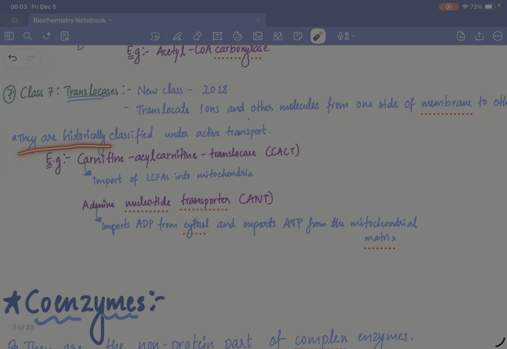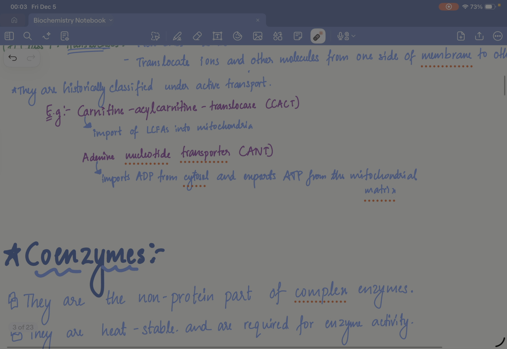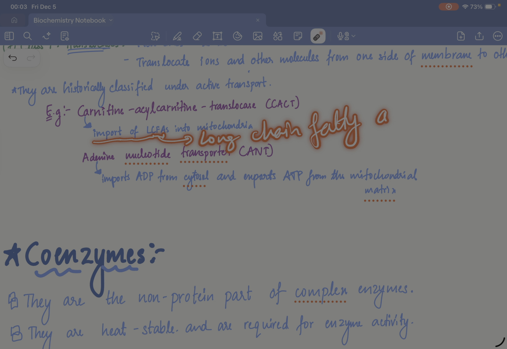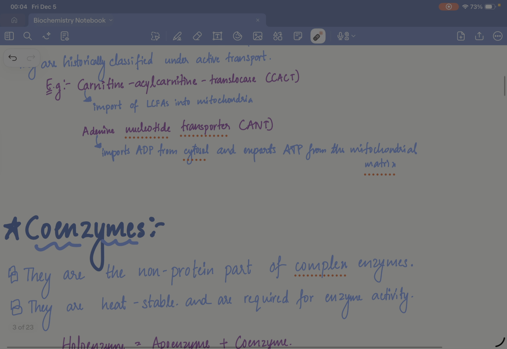They are historically classified under active transport because they require energy. Okay, some important examples are carnitine acyl carnitine translocase. They import long chain fatty acids into mitochondria. Okay, that is CACT.